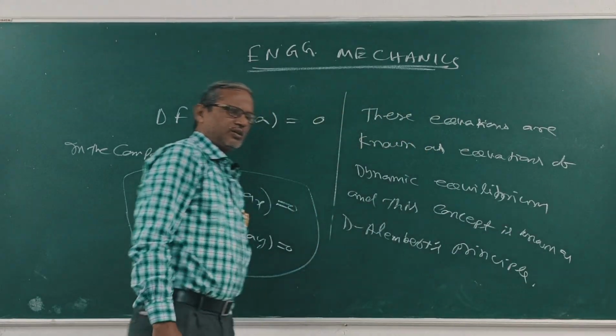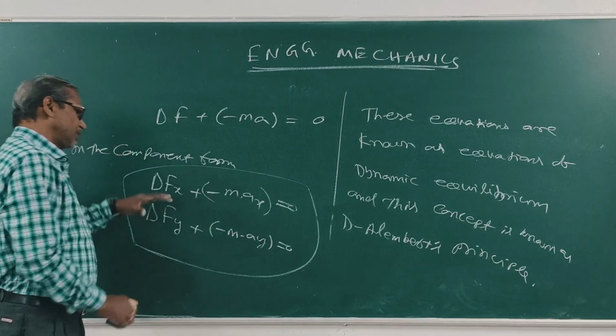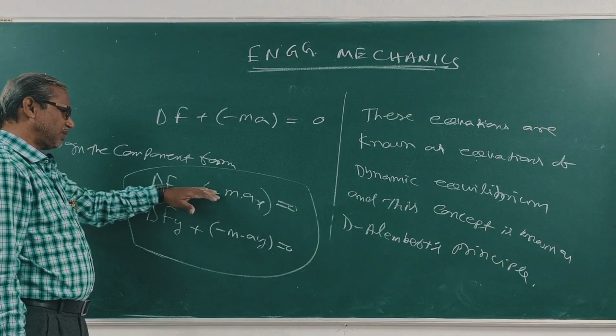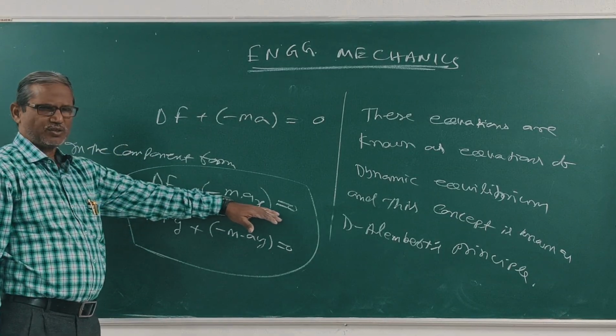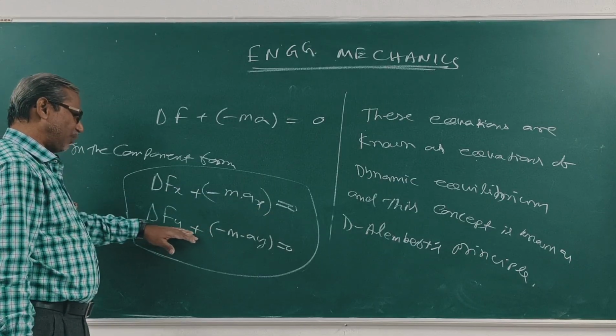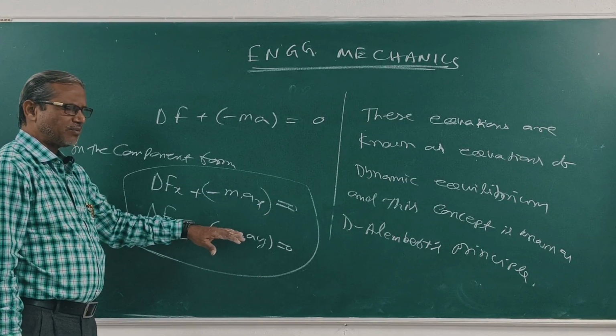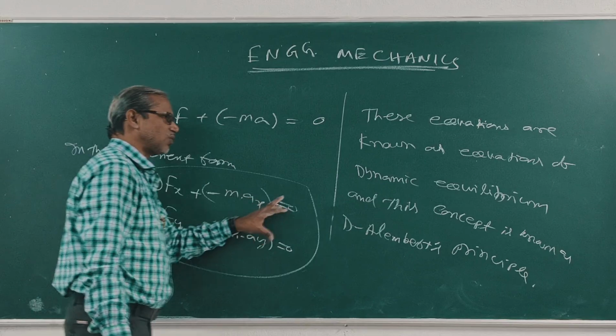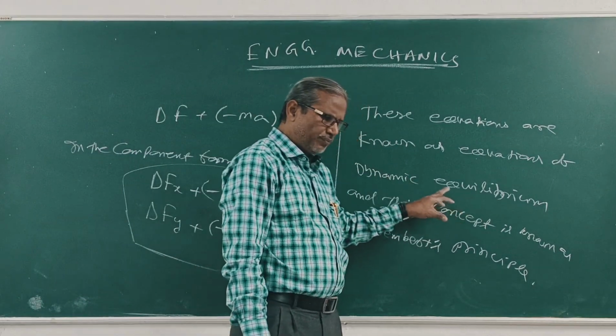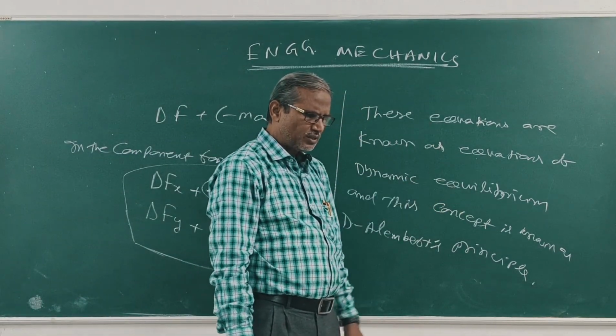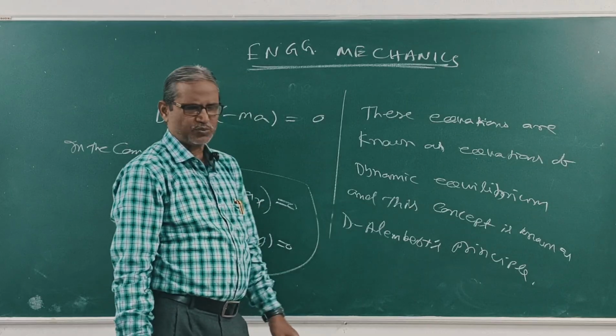Clear? Along x direction, ΣFx plus (minus m ax) is 0. Similarly, ΣFy plus (minus m ay) is 0. These two equations are known as equations of dynamic equilibrium. This concept is known as D'Alembert's principle. Clear?